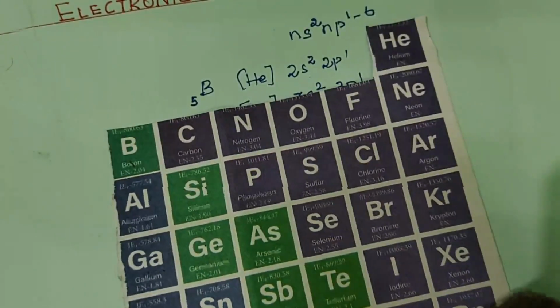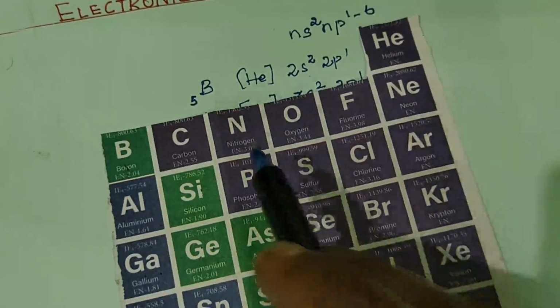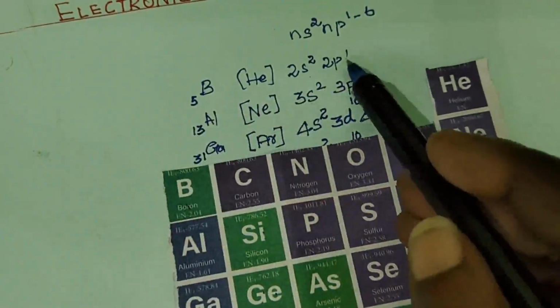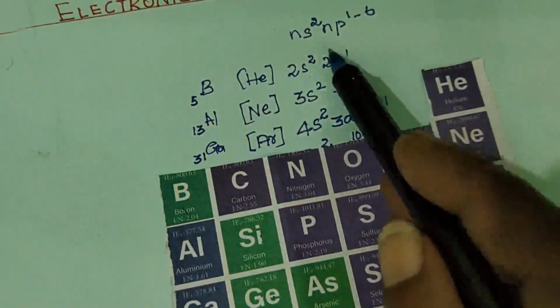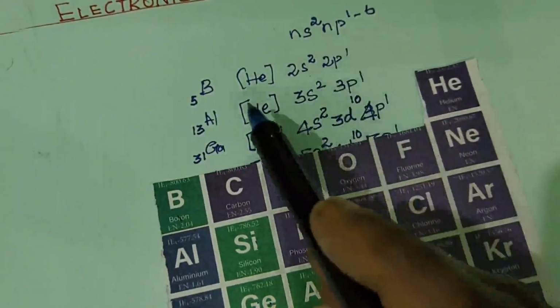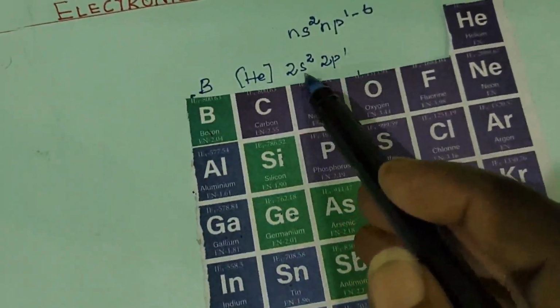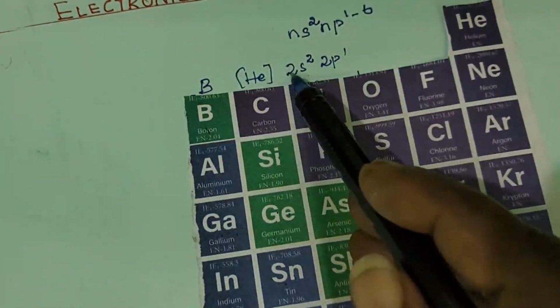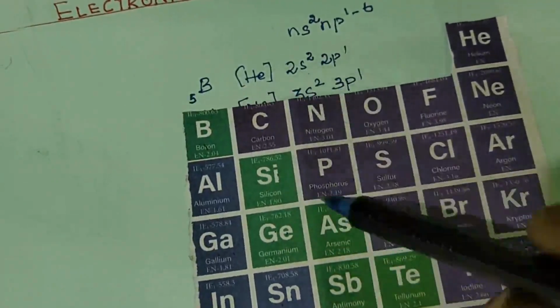There is one more electron in the p orbital than the boron family, so it is ns2 np2. So carbon is helium 2s2 2p2, and like that in all this family.